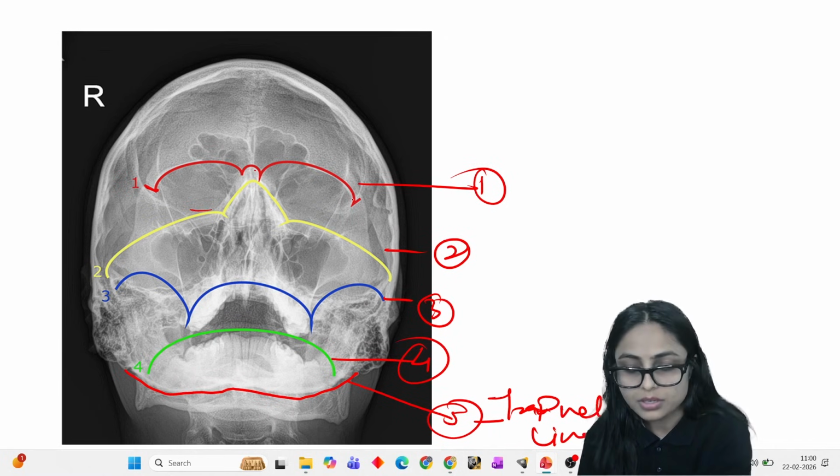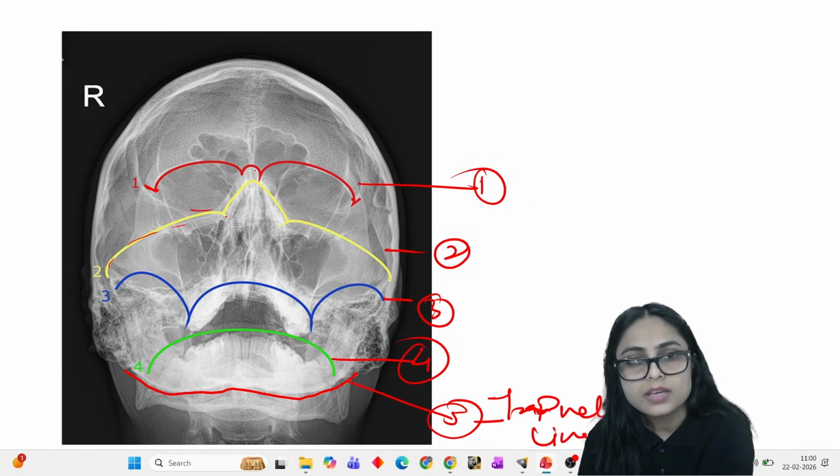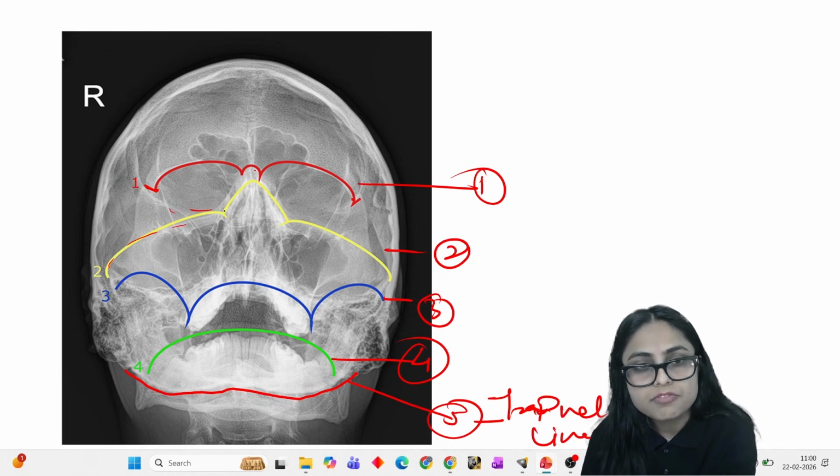The second line traces the zygomatic arch, the zygomatic bone, and then the inferior border of the orbit, crossing the bridge of the nose, joining the other side of the same bone.